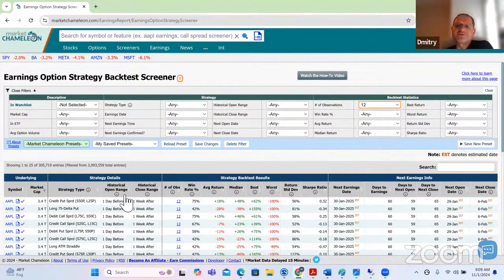But a credit put spread could also be different strikes, right? You could have an in the money spread, you could have an out of the money spread, you could have strikes that are at the money. So we've got to define that too. What type of credit put spread are we referencing? Well, the problem is if we go back in history and we look at different observations, the strikes are different, right?